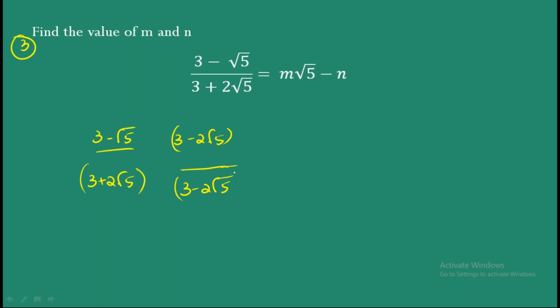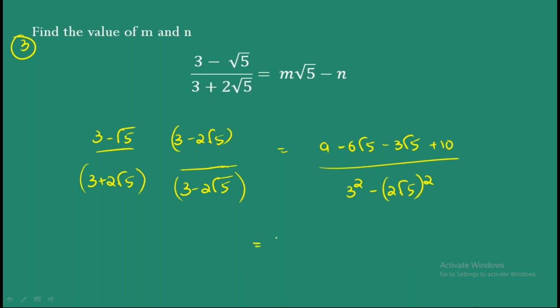Okay, what will happen to the numerator is 9 minus 6 root 5 minus 3 root 5. This is minus into minus plus 2 into 5, 10. Whereas the denominator is 3 square minus (2 root 5) whole square.